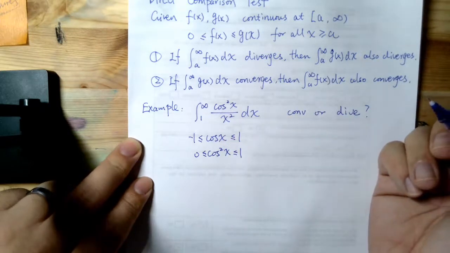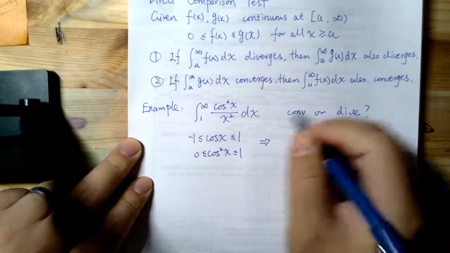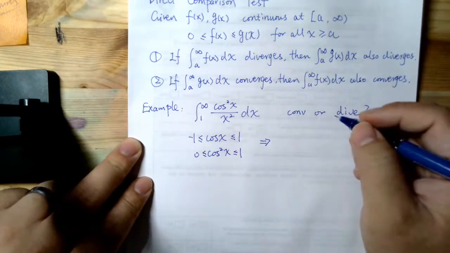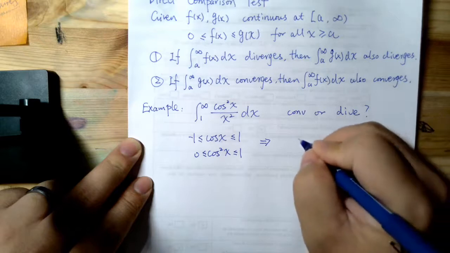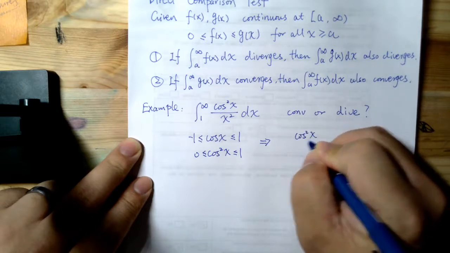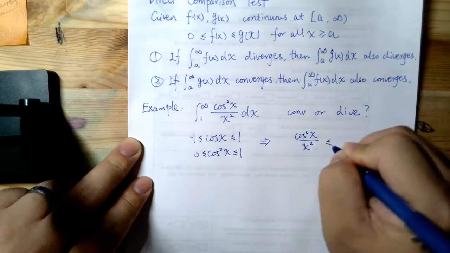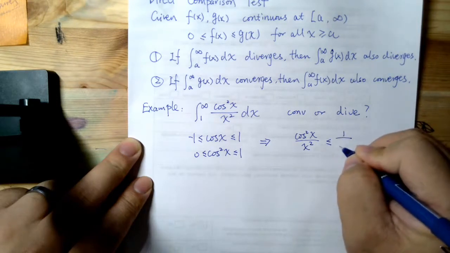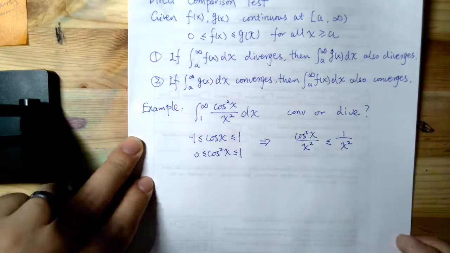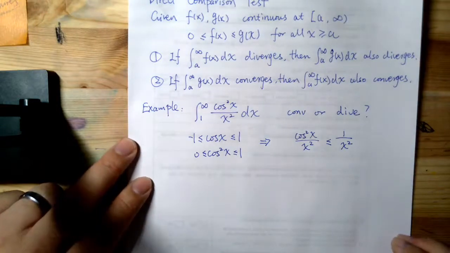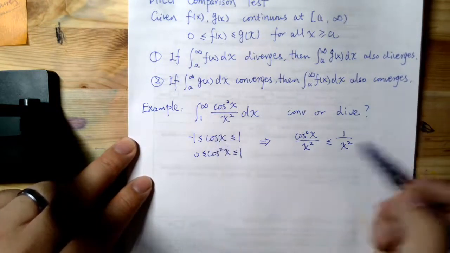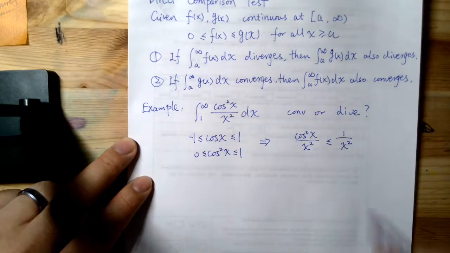Thus we can construct an inequality: cosine squared over x squared is less than or equal to 1 over x squared. Right, because x squared is positive, so this is very easy to construct.